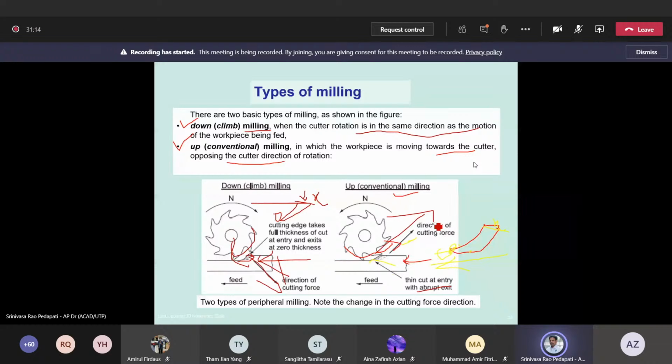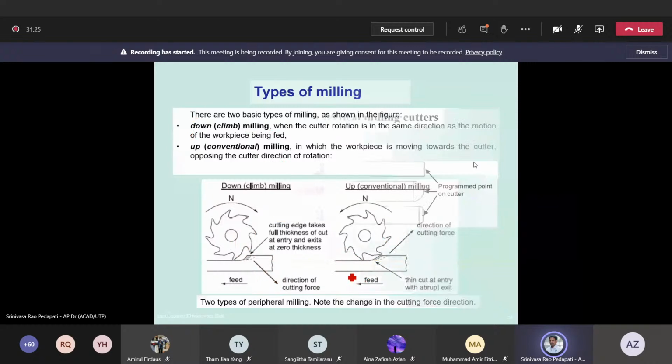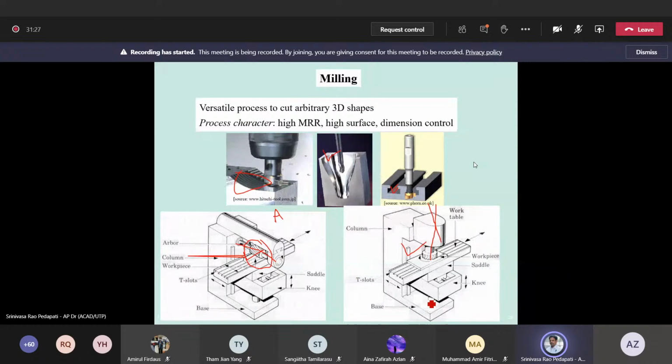That means in conventional milling, the workpiece is trying to come out of the vise, because the workpiece is always fitted to the vise, as you see in the previous diagram. Now we are discussing slab milling. So in this case, the work is fitted to the vise, and it tries to come out in the case of up milling.